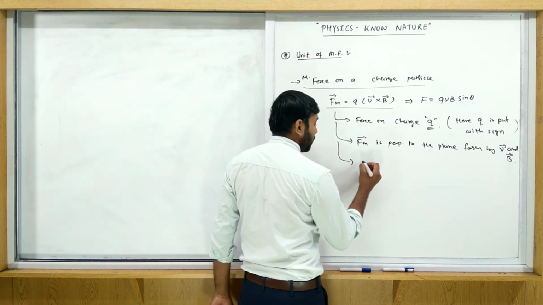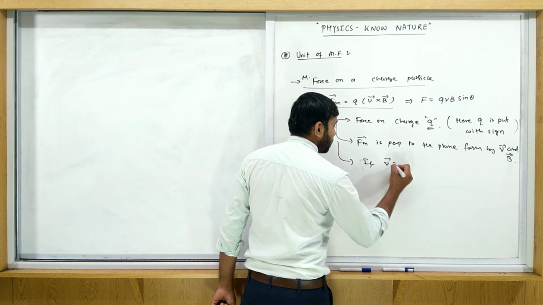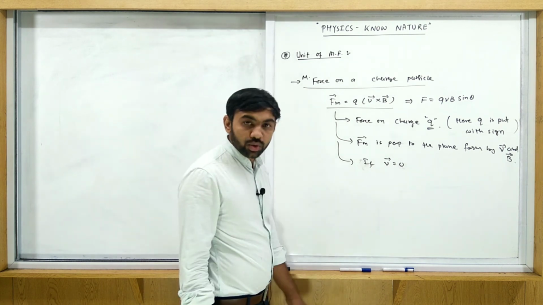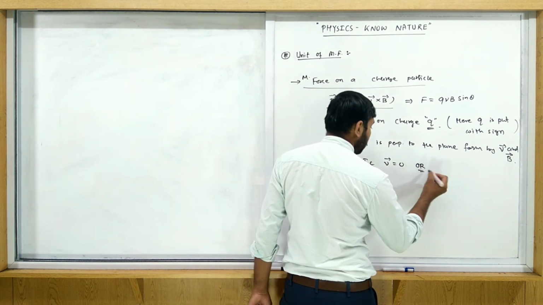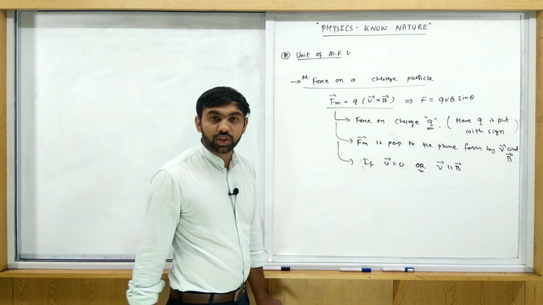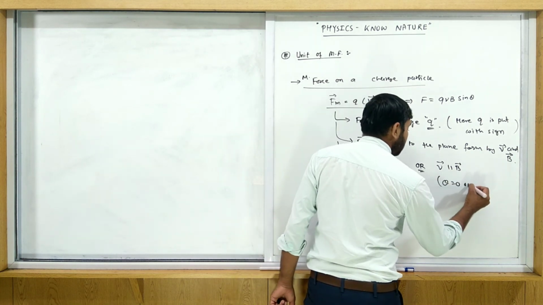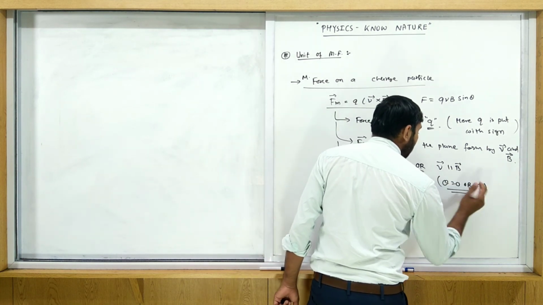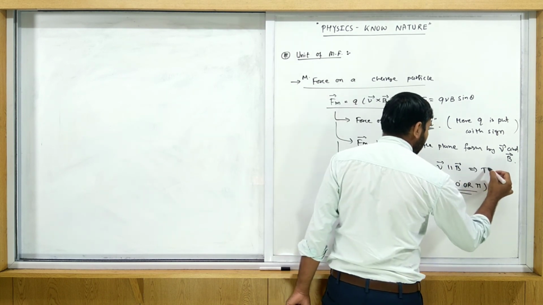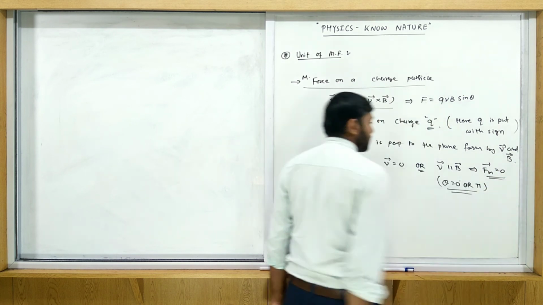And the next one: if velocity is equal to 0, or velocity is parallel or anti-parallel to B, which means theta is equal to 0 or pi, in both cases Fm is equal to 0.